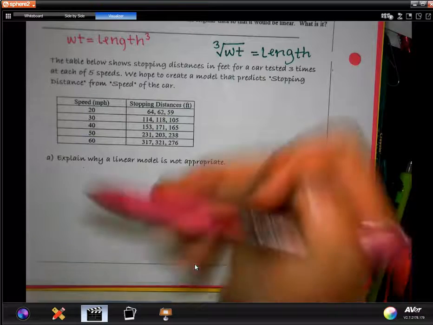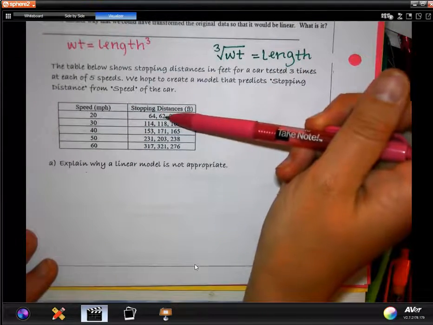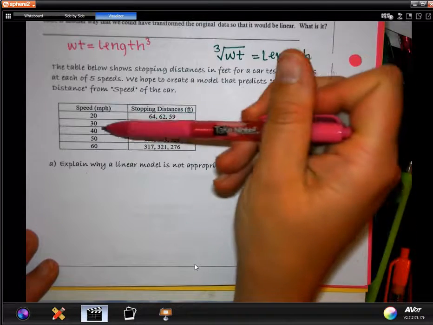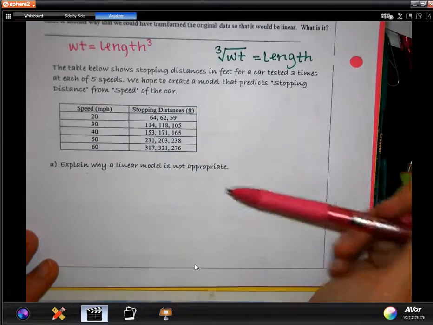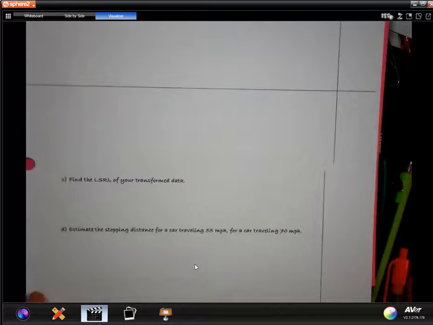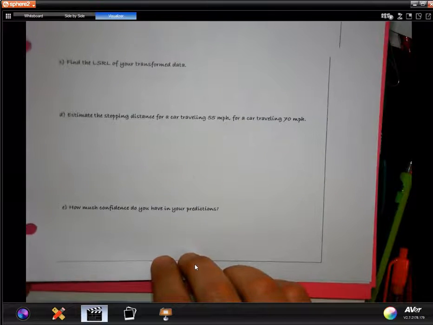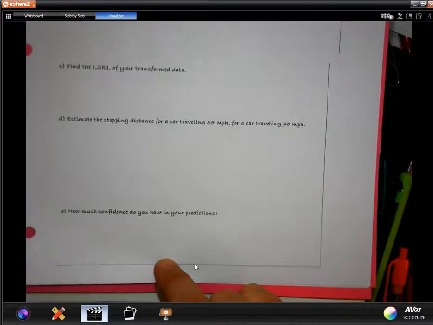Going 20 miles per hour, the car took 64 feet to stop the first time, then 62 feet, then 59 feet. And then at 30 miles per hour, 114, 118, 105. Explain why a linear model is not appropriate, and you can use a graph to explain why. Transform the data to straighten the scatter plot. Find the least squares regression line of your transformed data. Estimate the stopping distance for a car traveling 55 miles per hour and 70 miles per hour. And then how much confidence do you have in your predictions?